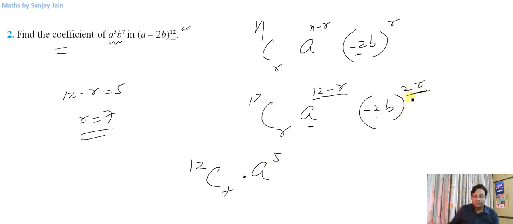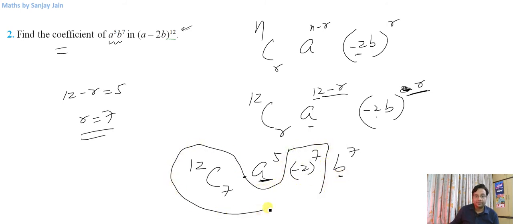So this will become minus 2 raised to power 7, b raised to power 7, and the coefficient of a raised to power 5 into b raised to power 7 will be this. So it is equal to 12C7. I'll leave it like this: 12C7, 2 raised to power 7 with a negative sign. So this will be the required coefficient.